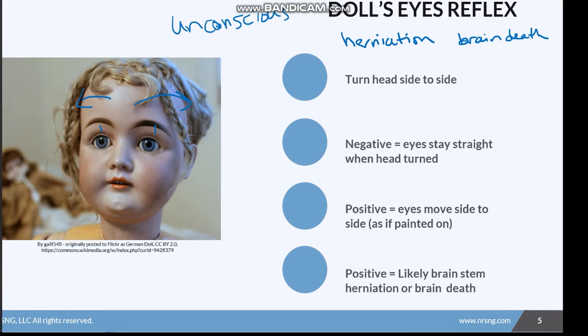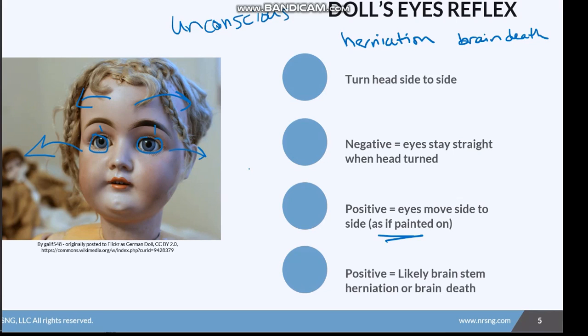A positive doll's eyes reflex and the abnormal finding would be if the eyes move with the head side to side. And we call it the doll's eyes because it's as if they were painted on. If you have a doll and the eyes are painted on to the doll, when you turn this doll's head to the side, the eyes are going to go to the side with it. Everything's going to move at the same time because everything's painted on.